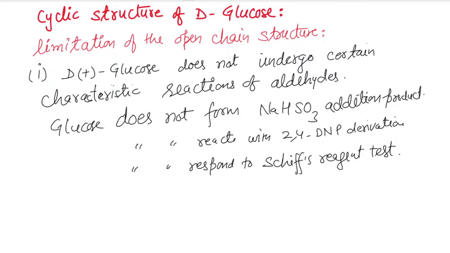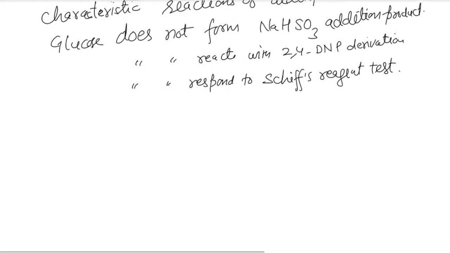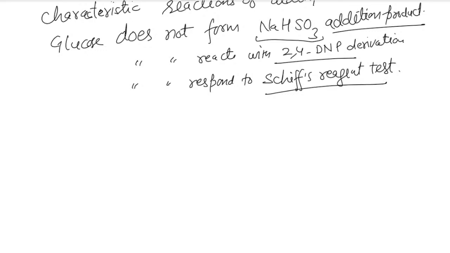So, this limitation proves that D plus glucose does not have a free CHO group, because it does not form the bisulfite addition product, does not react with 2,4-DNP, and does not respond to Schiff's reagent test. These are the characteristic tests of the aldehyde group.